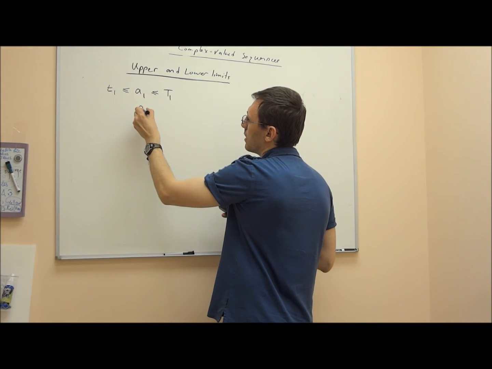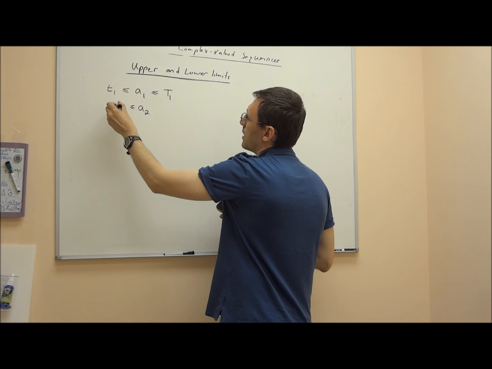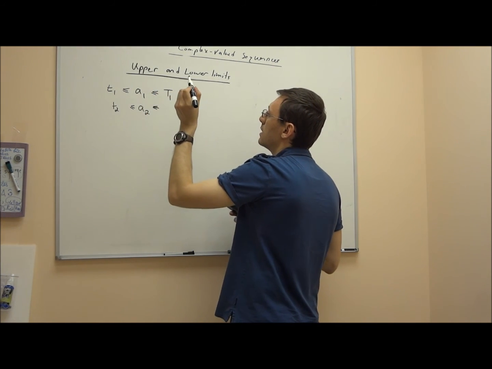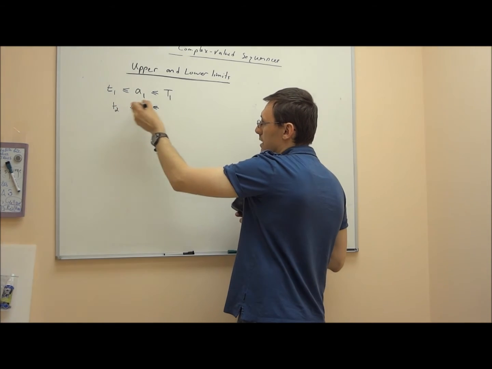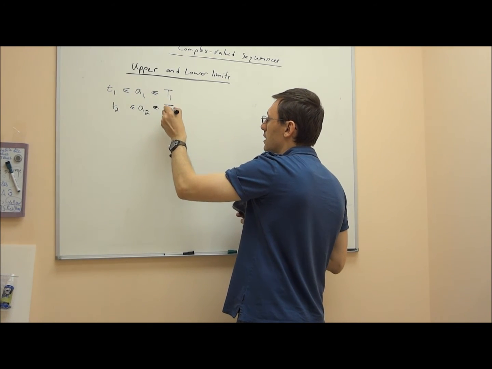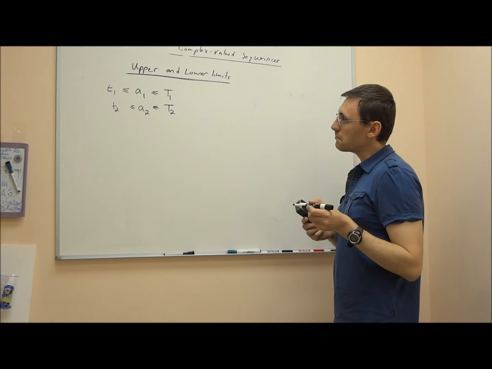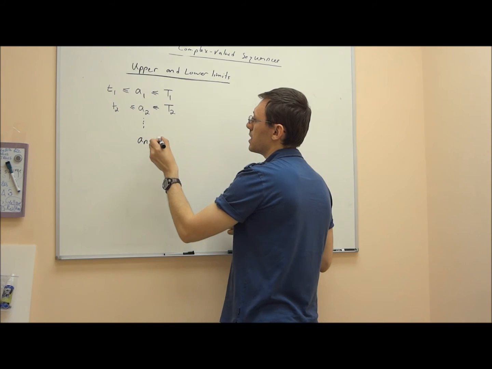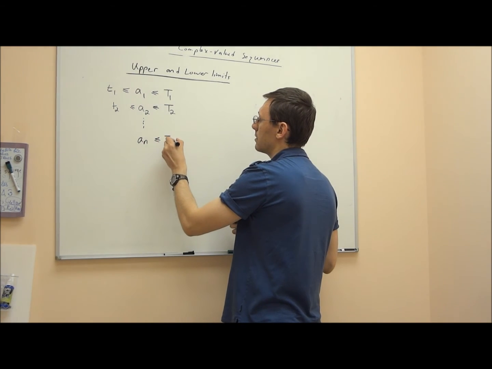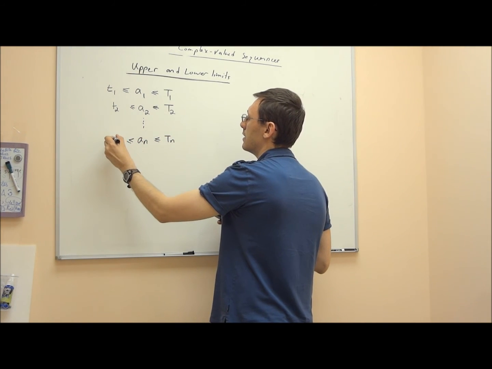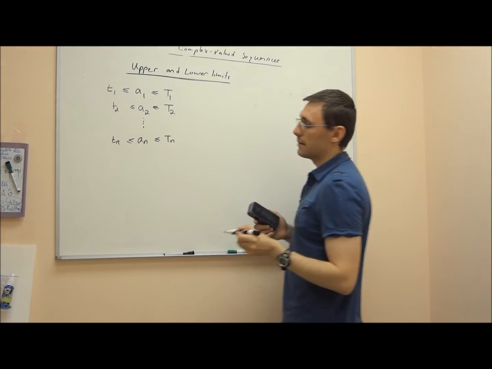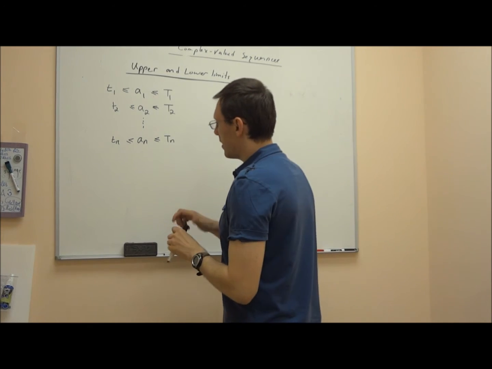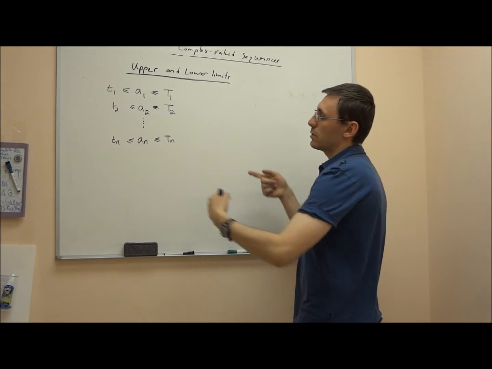By the same argument, A2 is going to be smaller than capital T2 and greater than lowercase t2. And in general, we can sandwich an between lowercase tn and capital Tn. So that gives us, if you remember from calculus, a sandwich theorem.